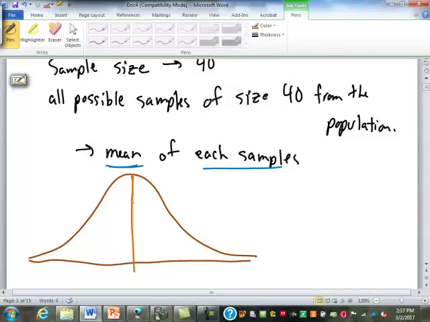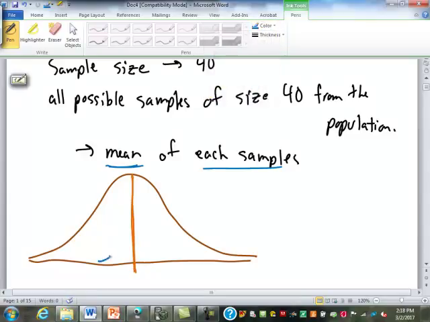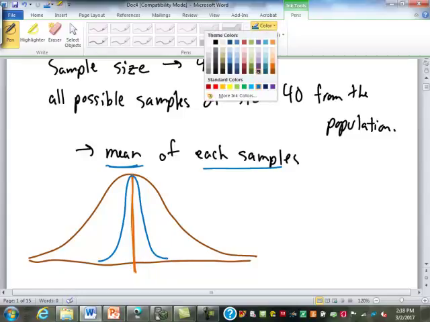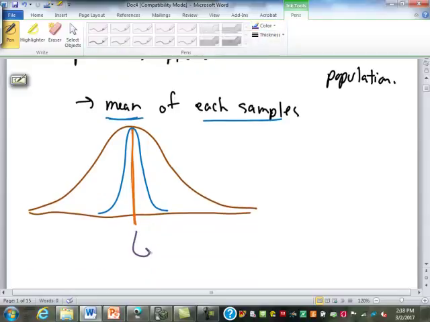Well, the sampling distribution of those sample means, in other words, the curve for those sample means, is going to look similar to that, only it's going to be much narrower. You'll notice the center is at exactly the same spot. Actually, let's word it this way.